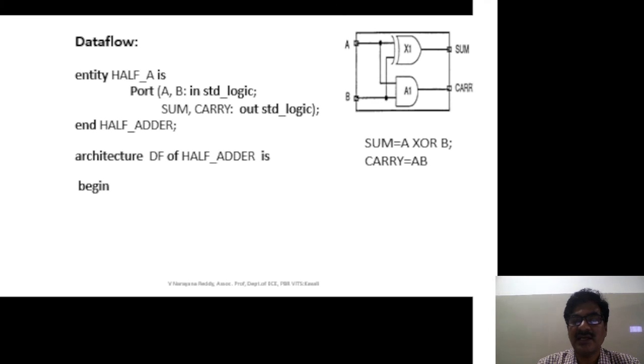So architecture, begin, followed by, in data flow style, the concurrent statement, which is called the signal assignment statement. The syntax of the signal assignment statement is similar to the Boolean expression.